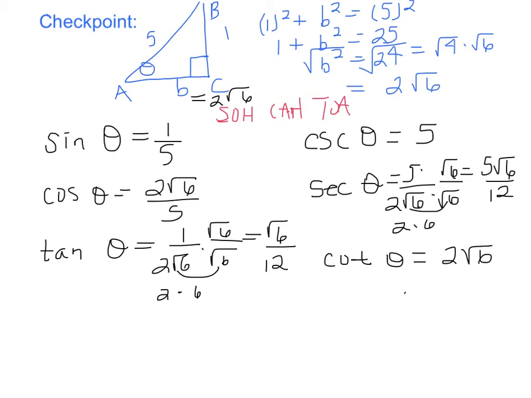So it's very important you look where theta is because that will determine your opposite, adjacent, and your hypotenuse. And then you notice with tangent and secant, I had to make sure the denominators were rationalized. And then cotangent, I did the reciprocal of the original fraction.